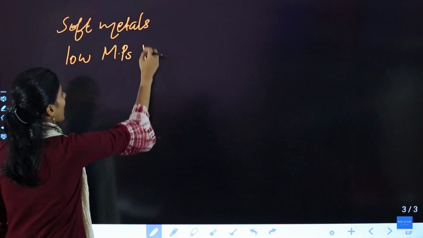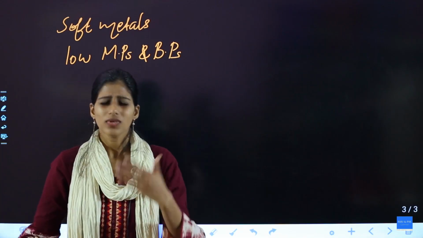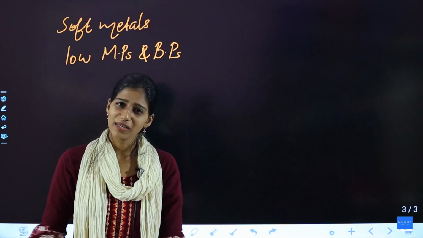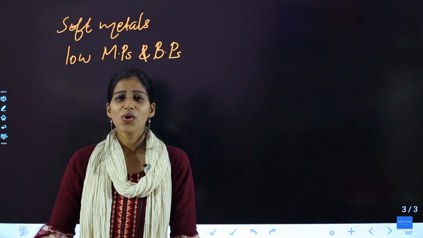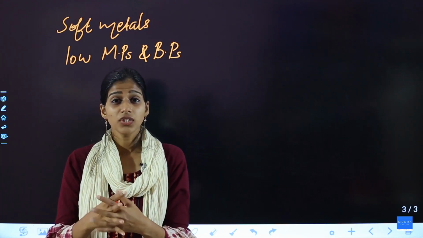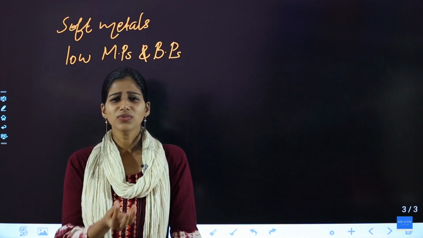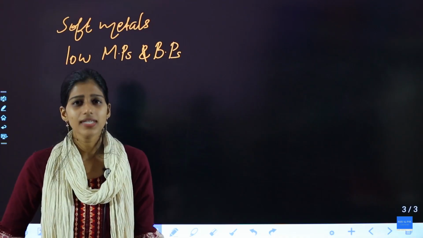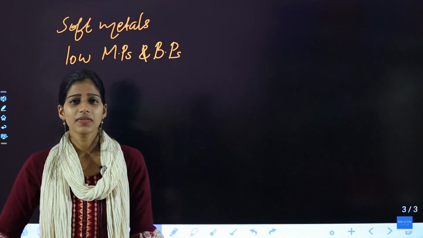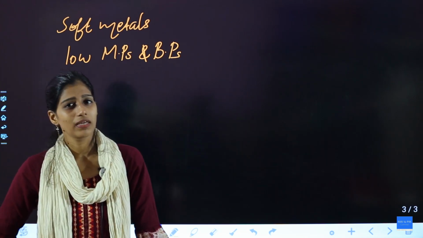You know that a melting point or a boiling point is decided by the energy that should be supplied to melt a system. So, when the metal is very hard, you need very high energy in order to melt it. If it is very soft, you need less energy to melt it. So, as these are soft elements, you need very little energy to melt or boil them, and that is the reason why they always have the lowest melting and boiling points.